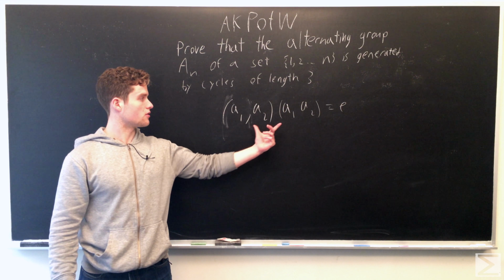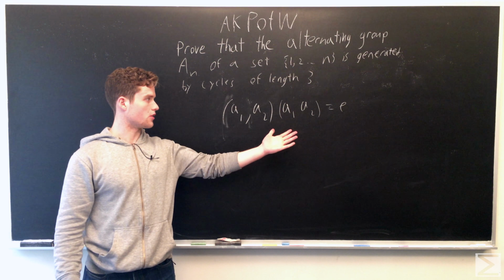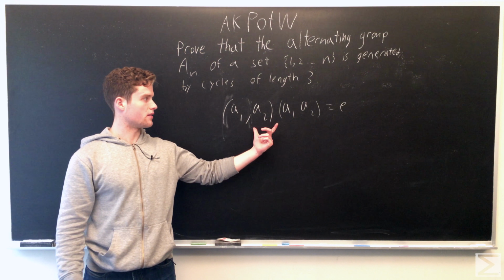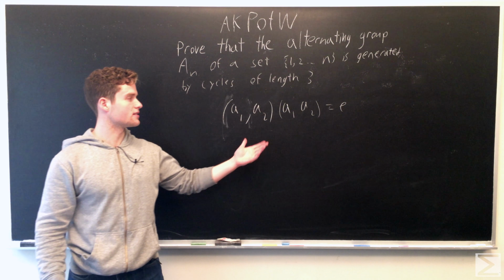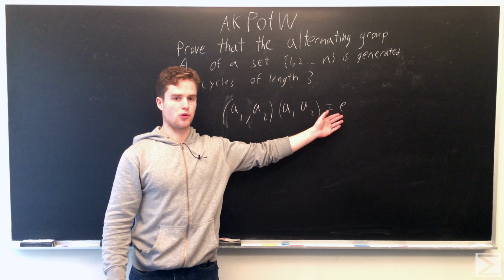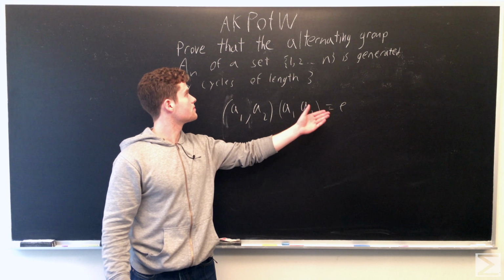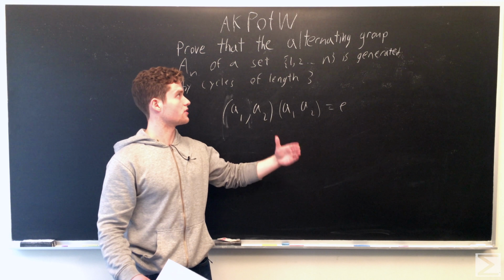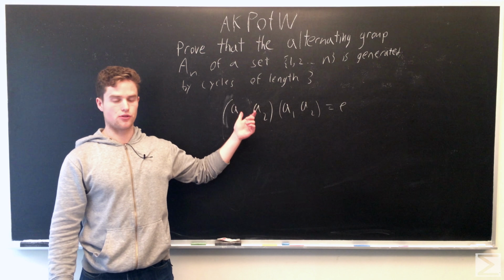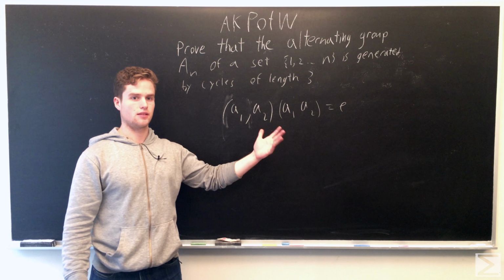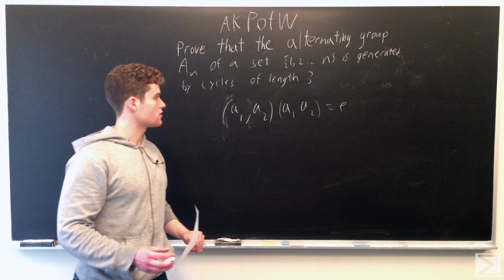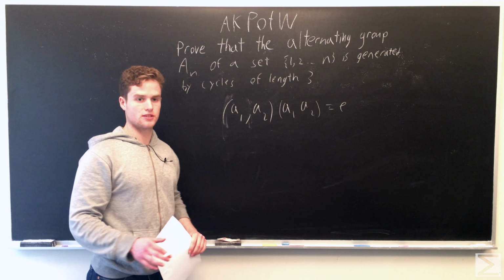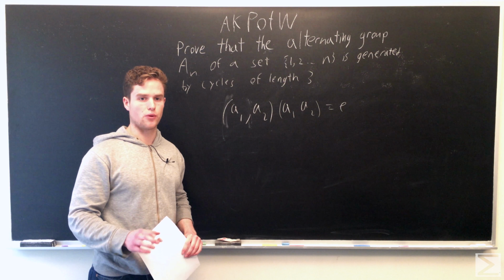So if this comes up in any representation of a member of the alternating group, it can just be condensed into a unit. Now let's consider when two of the transpositions have one element in common.